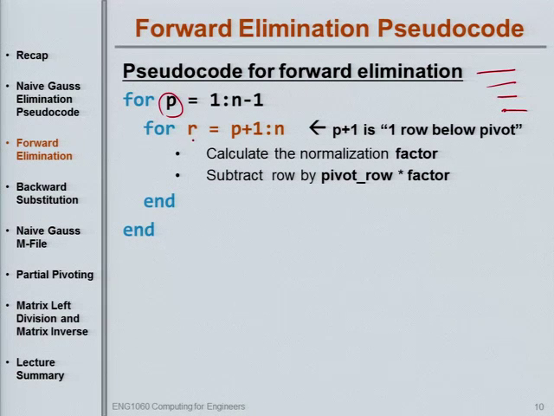This is the loop that says, okay, which rows do we have to change something on? Well, for r equal to p plus 1, in other words, the row underneath the pivot row, all the way to the end. And the end in this case is n. So we're going to go for each of those things below. What we do is we calculate the normalization factor and subtract the pivot row multiplied by that from the current row.